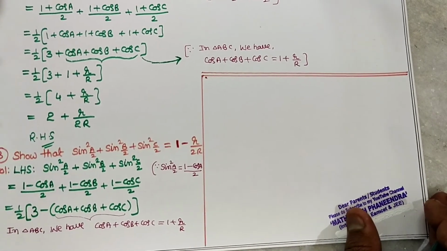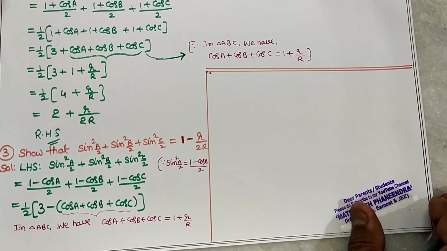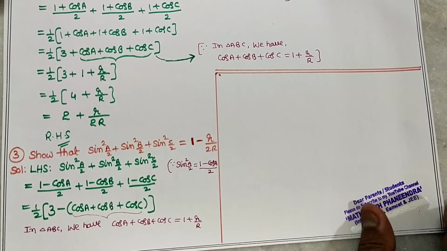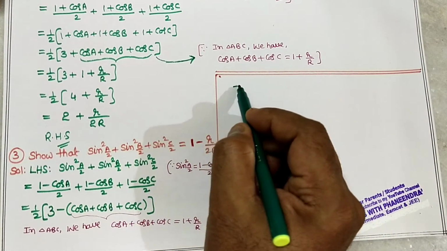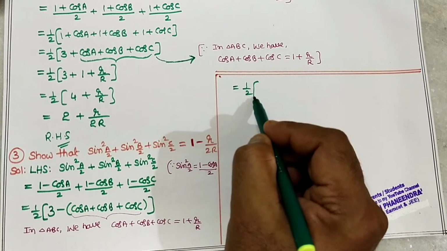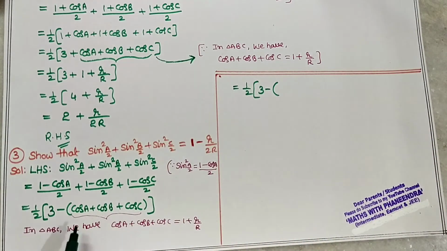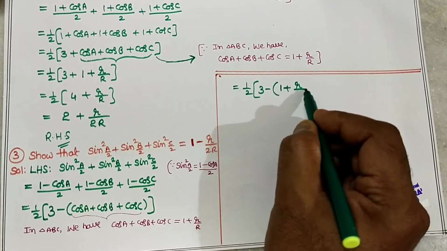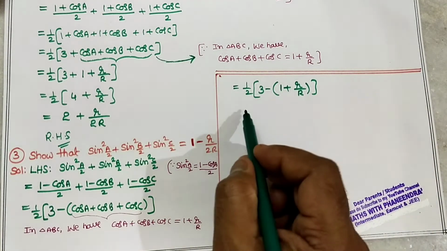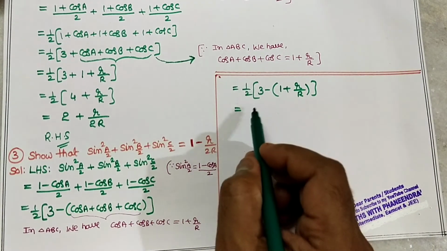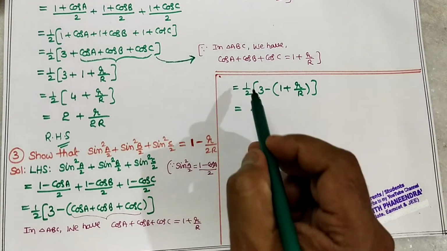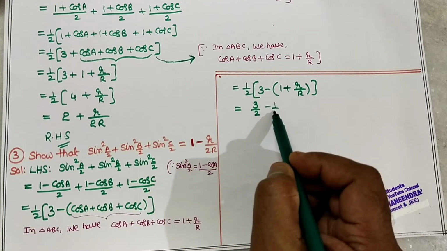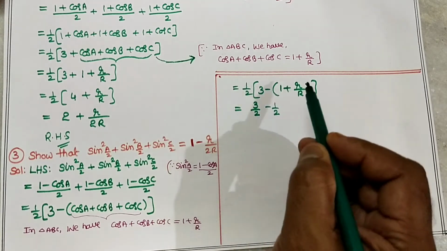So which is equal to 1 by 2 into 3 minus, in place of this bracket value, you replace with 1 plus small r divided by capital R, and simplify. So 1 by 2 into 3 is 3 by 2, 1 by 2 into minus 1 is minus 1 by 2, 1 by 2 into minus r by capital R.